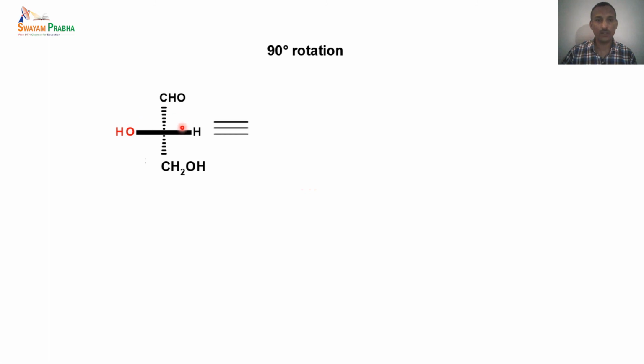In that priority, we need to know between CHO and CH2OH which group gets the higher priority, because the first connecting atom is carbon here. Here also the first connecting atom is carbon, and the next connecting atoms are, in one case, hydrogen and a double-bonded oxygen, and in the other carbon, two hydrogens and one oxygen.